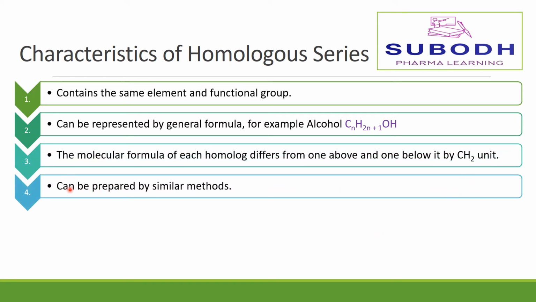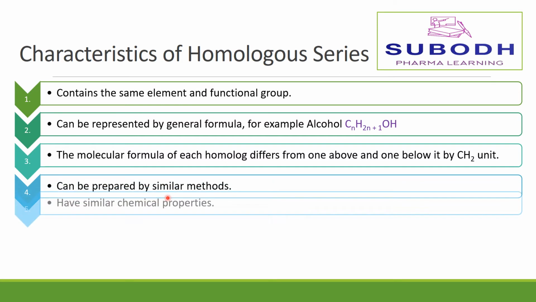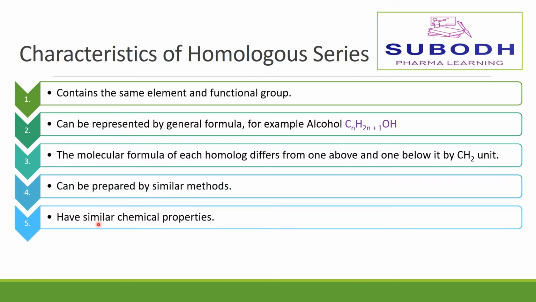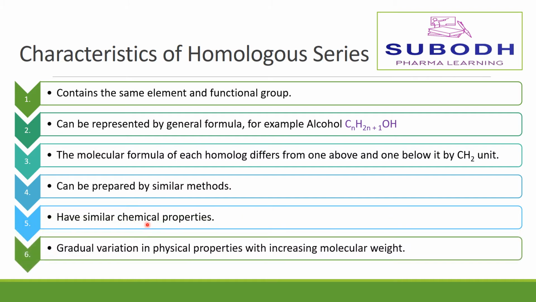All the compounds in the series can be prepared by similar methods, and all the compounds in the series have similar chemical properties. There is a gradual variation in physical properties with increasing molecular weight of a chemical compound.